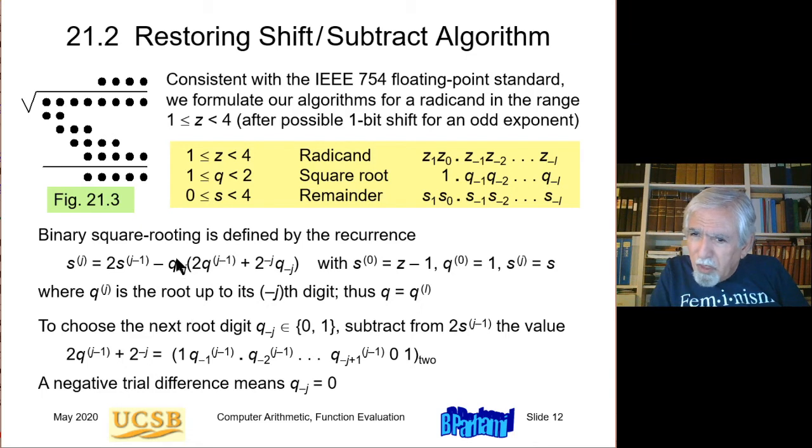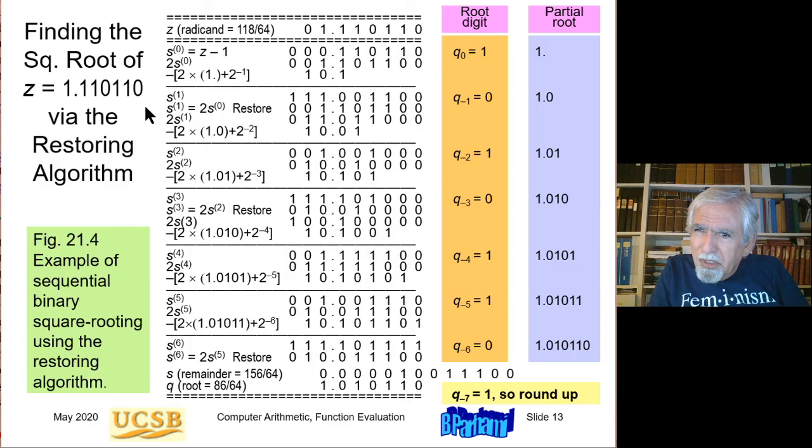So q minus j cancels this term. This one is removed. So it's basically 2 times q(j-1) plus 2 to the minus j. Okay? So this is what we have. 2 times previous partial root plus 2 to the minus j. So 2 to the minus 1, 2 to the minus 2, 2 to the minus 3, 2 to the minus 4, and so on. And each time, the first term is twice the previous partial root.